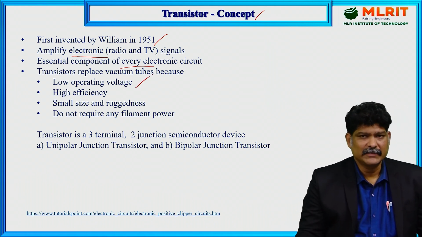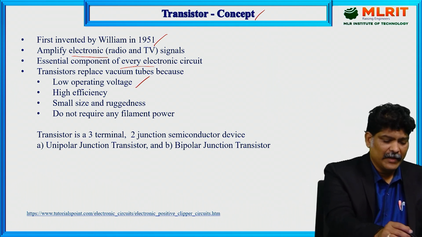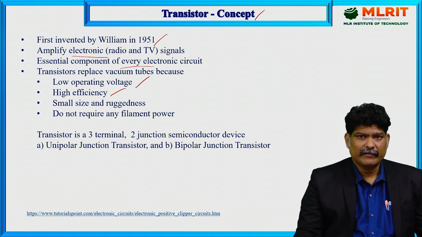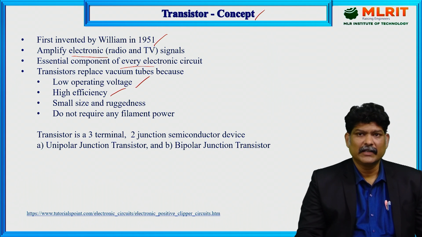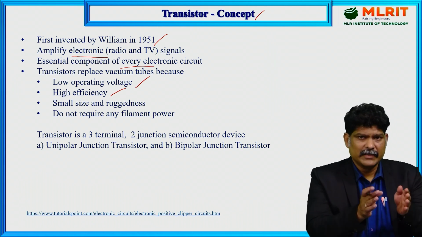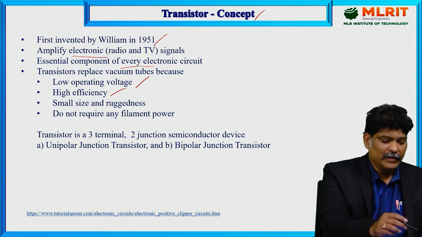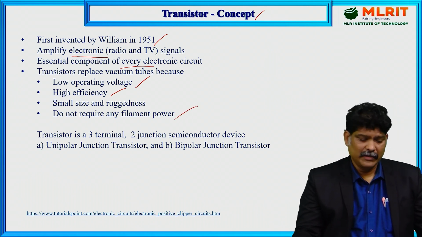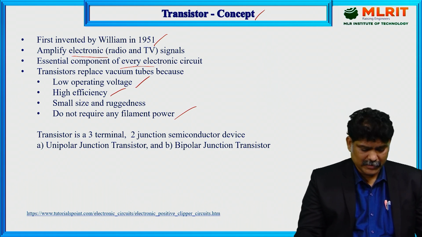BJT transistors require low operating voltage, give high efficiency, and require less space because of their small size and ruggedness. When size is reduced, obviously ruggedness also increases, and they do not require any filament power. So these are the advantages of the transistor over other components.